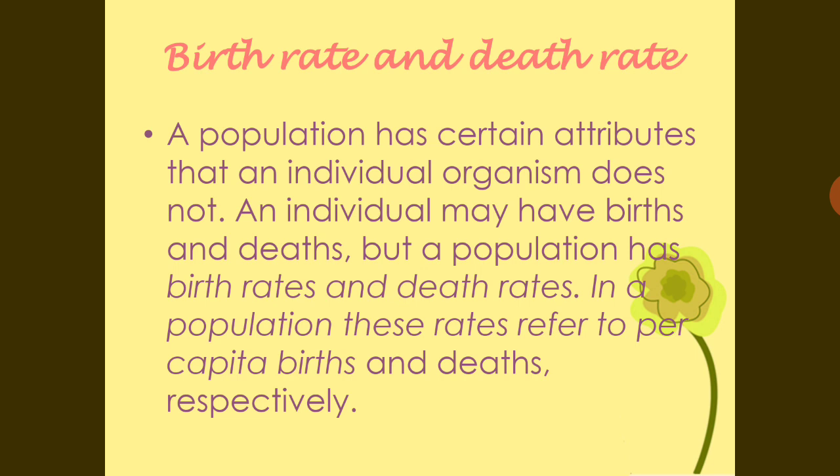If 4 individuals in a laboratory population of 40 fruit flies die during a specified time interval, say in a week, the death rate in this population during this period is 4 by 40, that is 0.1 individual per fruit fly per week. So this is the ratio basically. We know that this is the death rate and birth rate.